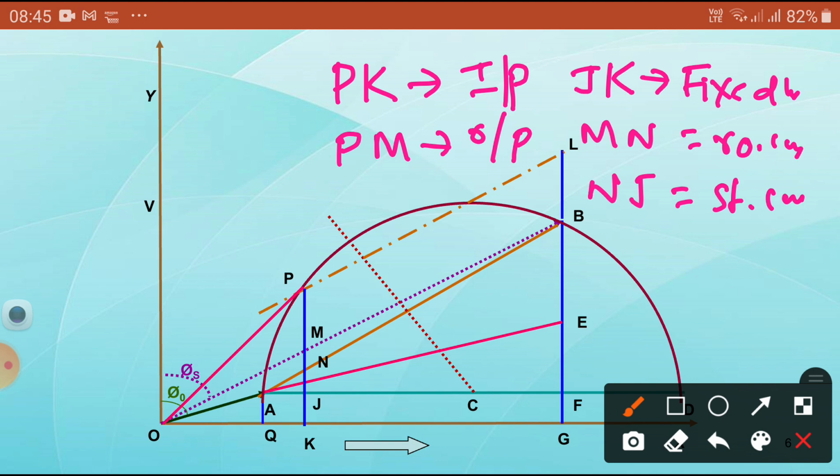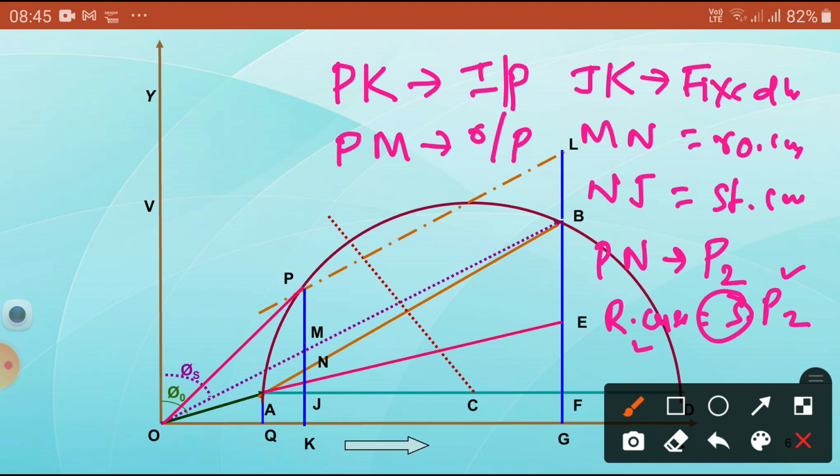At the same time, we can write Pn as the rotor input, which is P2 in my calculations. The rotor copper loss is equal to S into P2. So I know the rotor copper loss and P2, and I can calculate the full load slip.